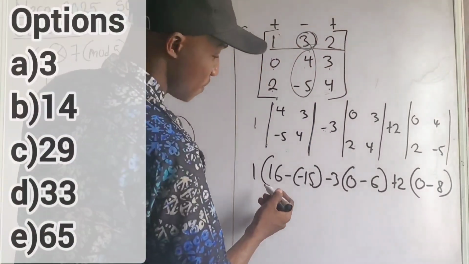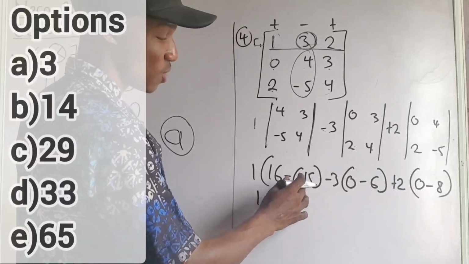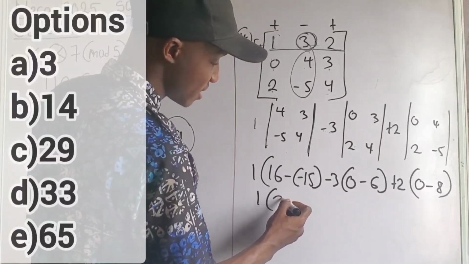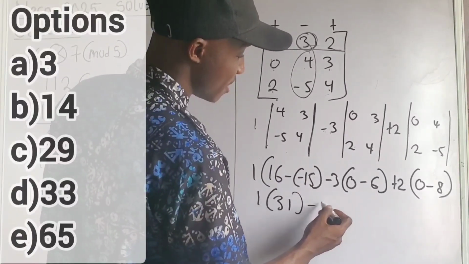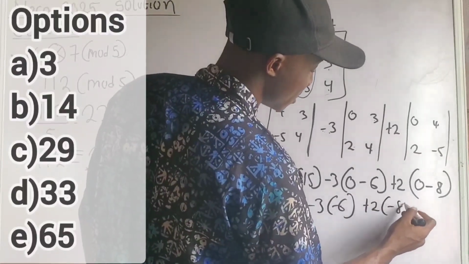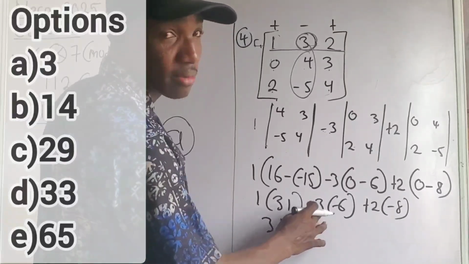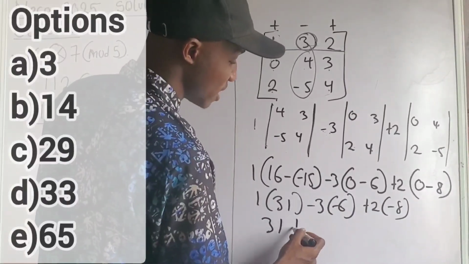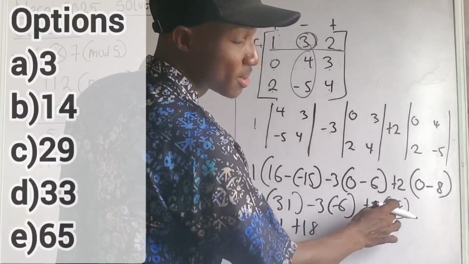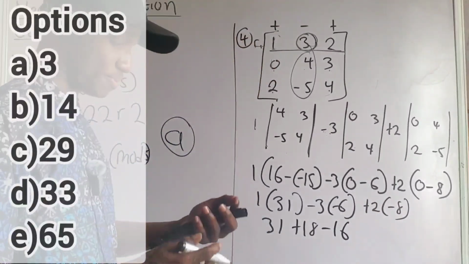So 1 multiplied by 16 minus 15, that is 31, right? Minus 3 multiplied by minus 6, plus 2 multiplied by minus 8. 1 times 31 is 31. Minus 3 times minus 6 is plus 18. Plus 2 times negative 8 is negative 16.